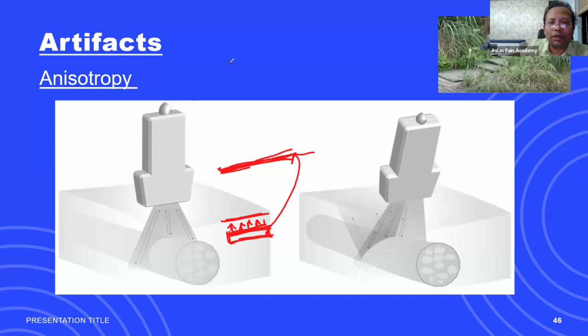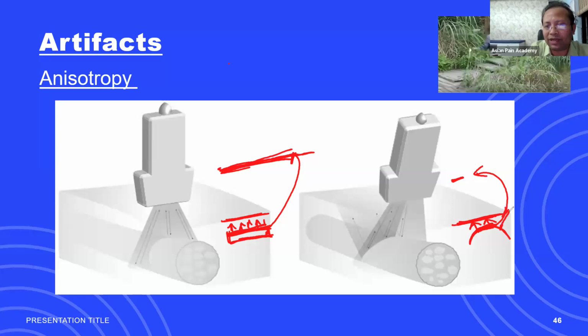So this thing will be represented by this line. Normally there is no anisotropy, there is no artifact. This is normal, what we want to see. But think about another condition. This is skin and the lower structure is a bit curved. Some part will get reflected, but what will happen to this side?